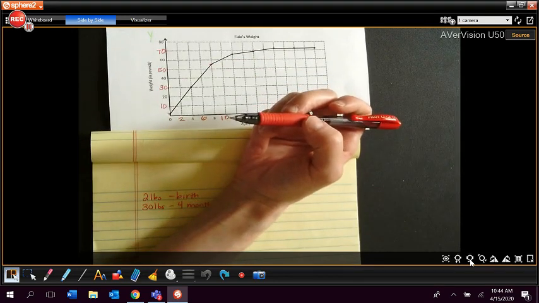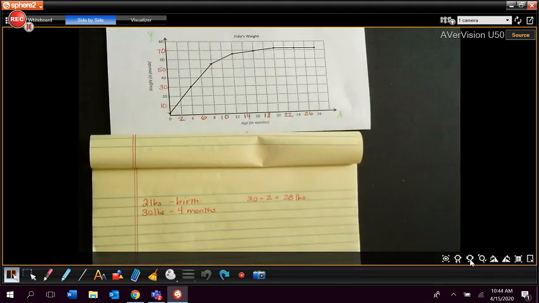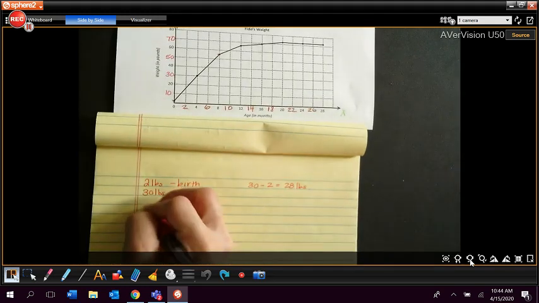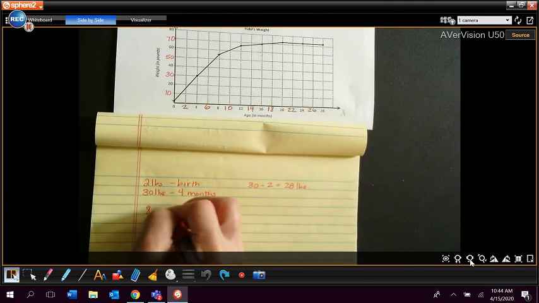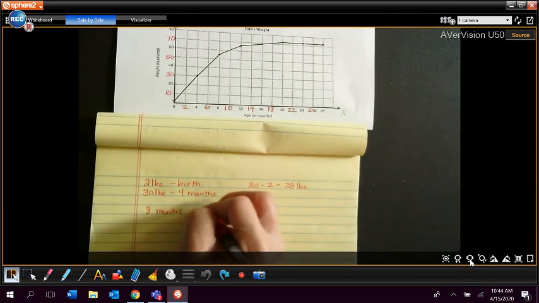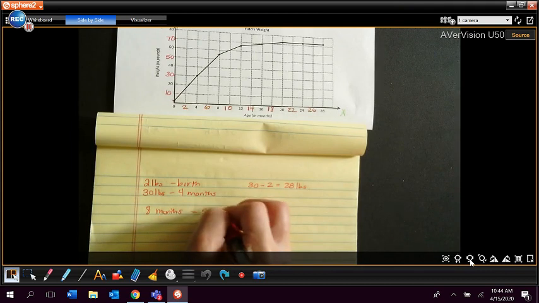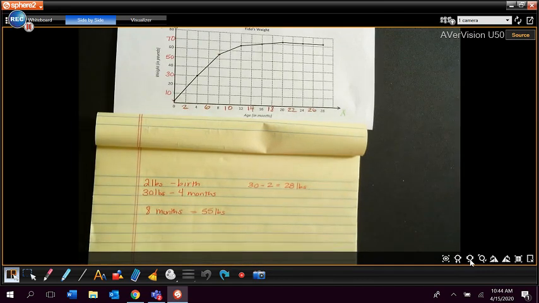So that would give us 55 pounds. Very good. So at 8 months, Fido was weighing 55 pounds.